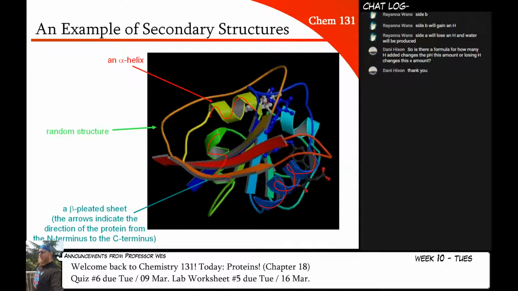Those are all alpha helices. Now, the protein does not need to do that for very long for it to be categorized as a helix. One or two revolutions is good enough. And when you look at the chain, it will be very obvious that this thing is looping around itself to get into a specific shape.